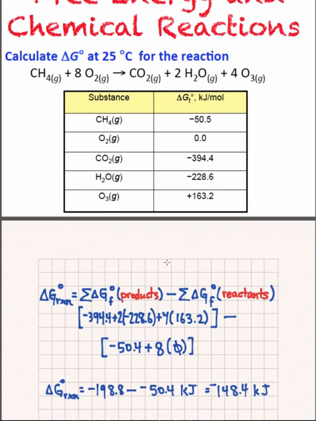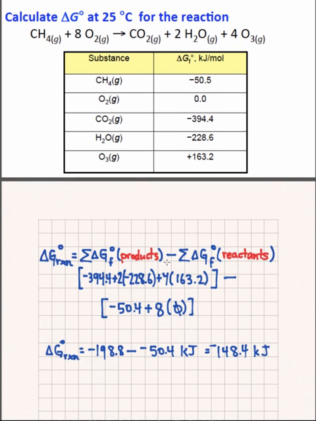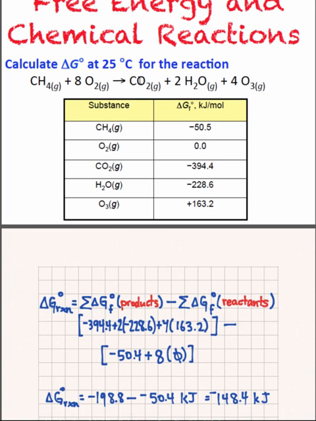But it's also the same thing as saying products minus reactants. So I look at the carbon dioxide, and 2 waters, and 4 ozones, O3, and that's not 0 because ozone is not an oxygen in its standard state.